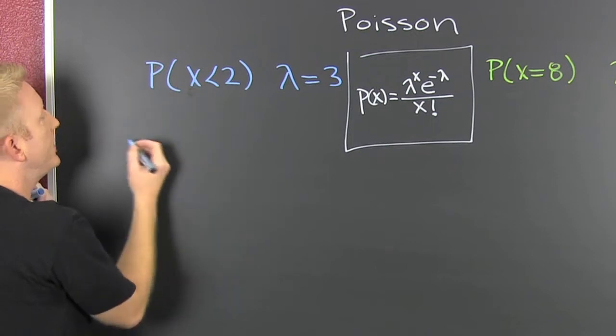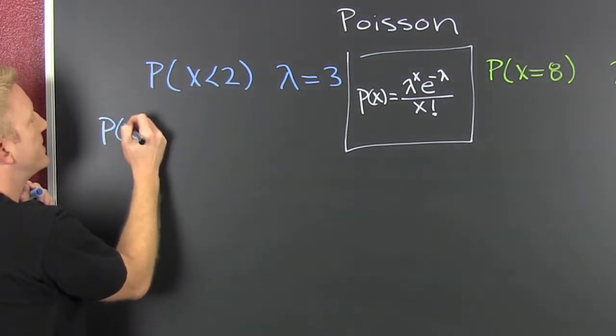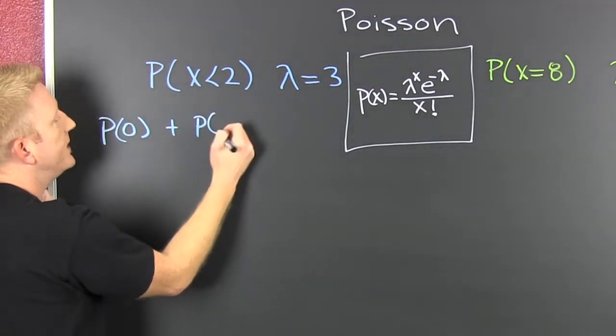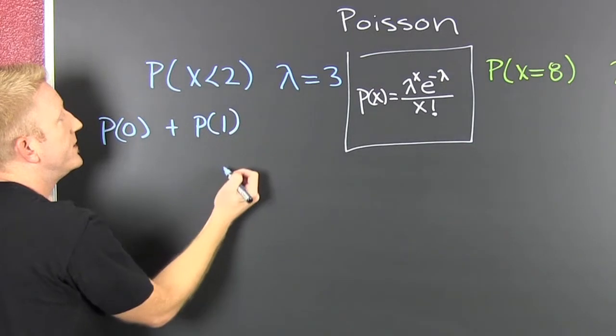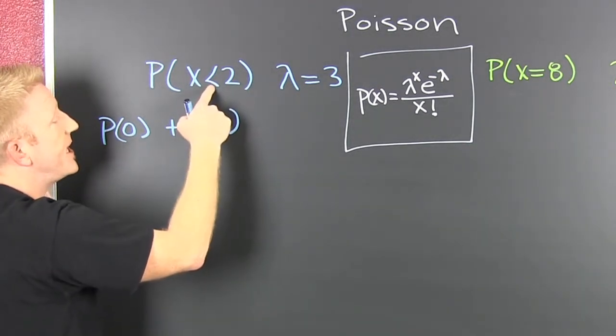So the probability that something is less than 2 is the probability that it is 0 plus the probability that there is 1 occurrence. Plus the probability of 2? No, because it's strictly less than.